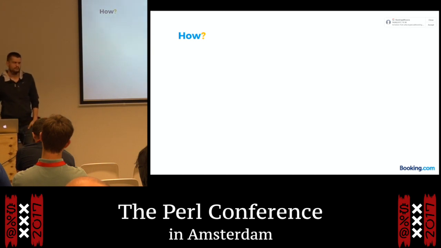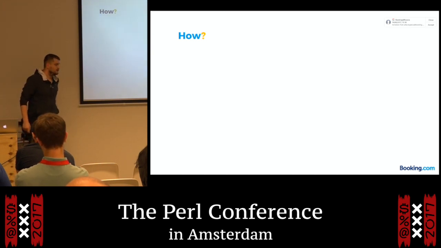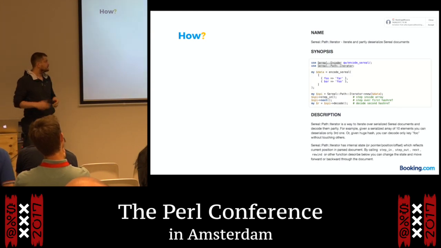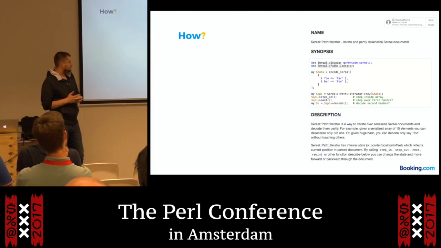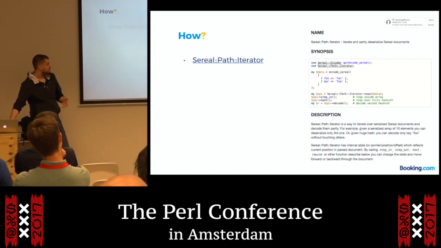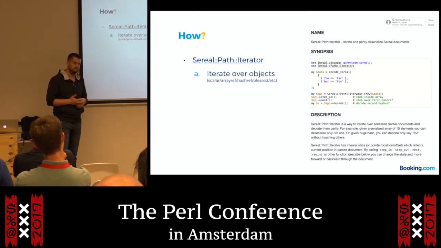So I actually had a project which I briefly mentioned in 2015 at YAPC, and it's called Serial Path. It started as my spare time project, and now it has grown into a full-scale production system. So what's the idea of Serial Path, and namely Serial Path Iterator?